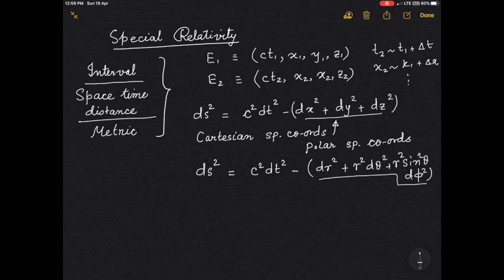In that particular case, dr square was 0, but here we can have all of these. So this is Cartesian, this is polar. Now, for today's discussion and many discussions to follow, we will only discuss cases where we have radial trajectories.